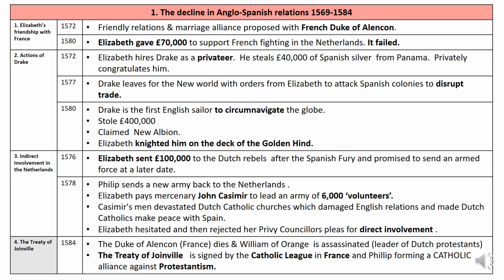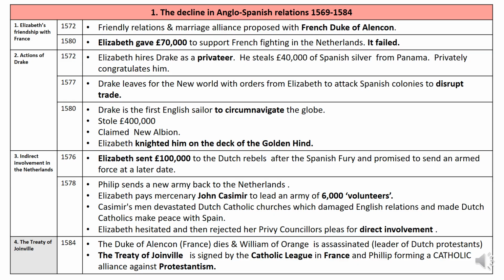This leads to the Treaty of Joinville, where the Catholic League in France, who are the next kind of power in France, and Philip decide to sign a treaty, and form an alliance against Protestantism.